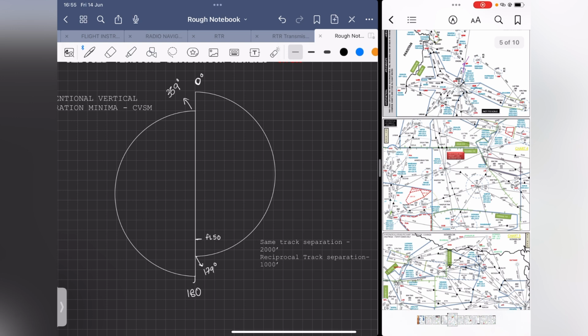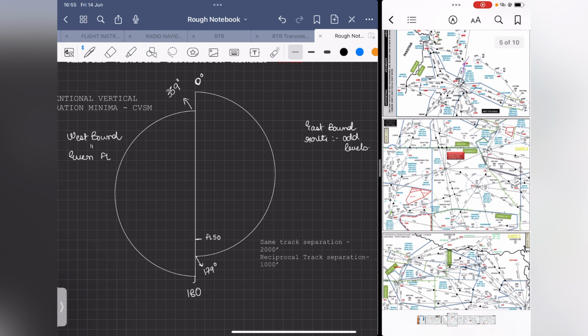For those of you who are not familiar with it, anybody flying in the eastern hemisphere, that is an eastbound route, will have to fly all the odd levels, and all the westbound routes will fly even flight levels.